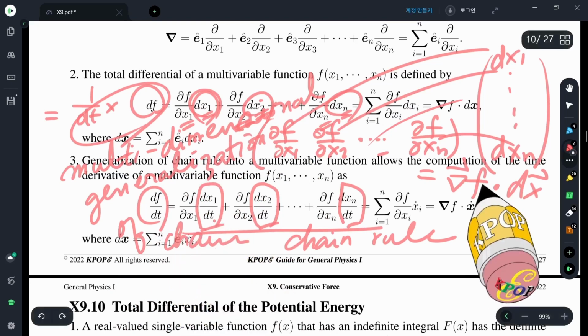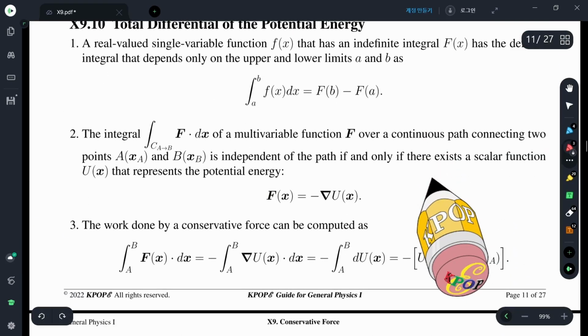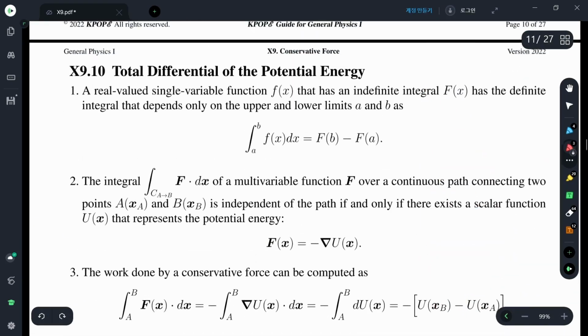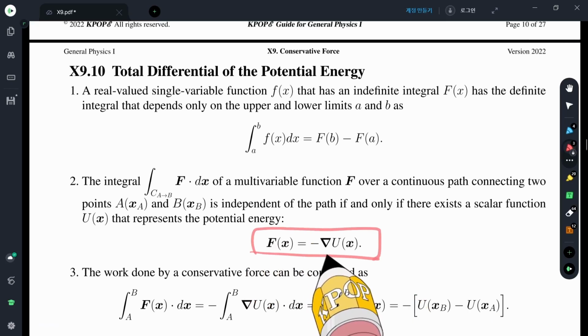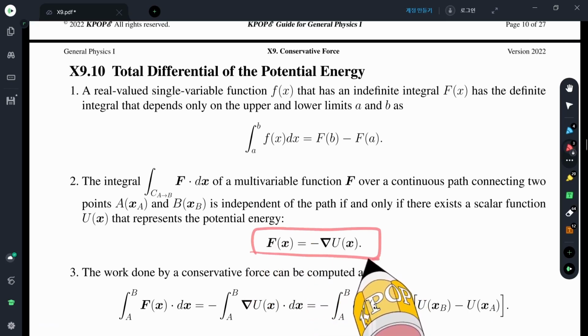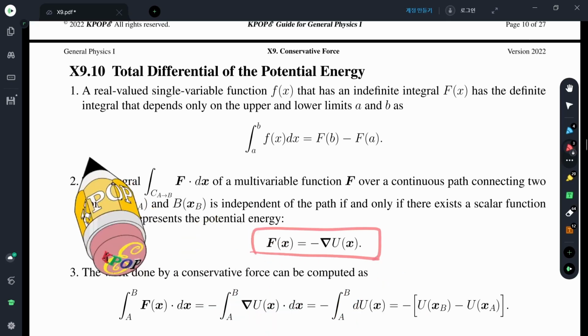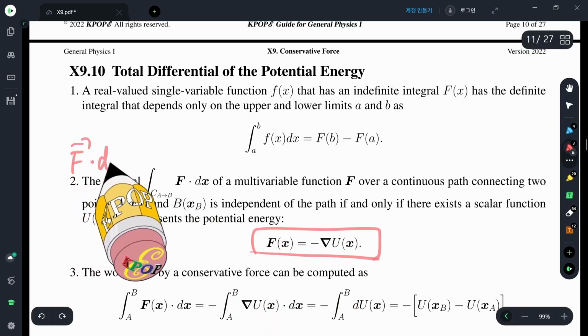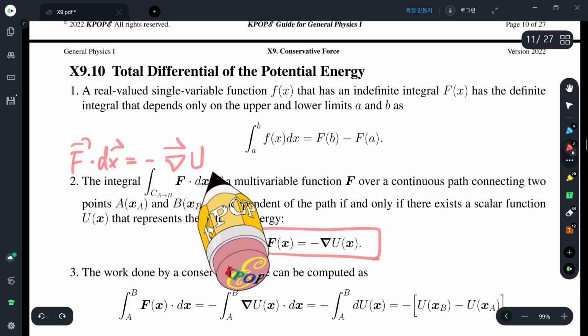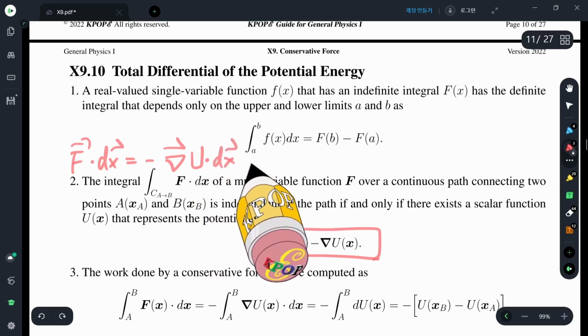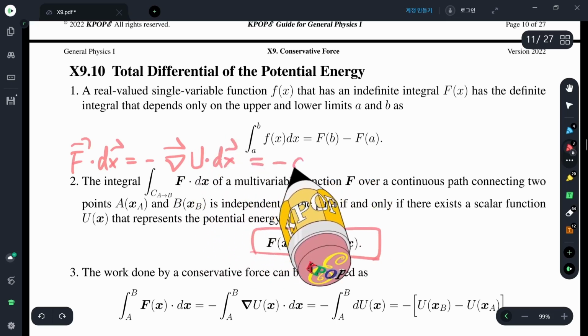All right. Because F equals minus the gradient of the potential energy for the conservative force, F dot dx equals minus gradient U dot dx, that is minus the total differential.